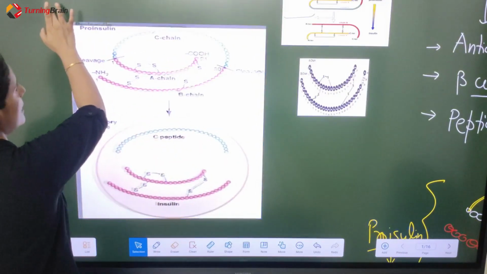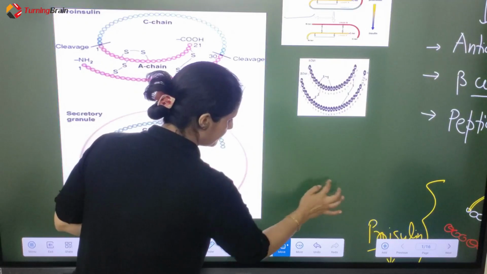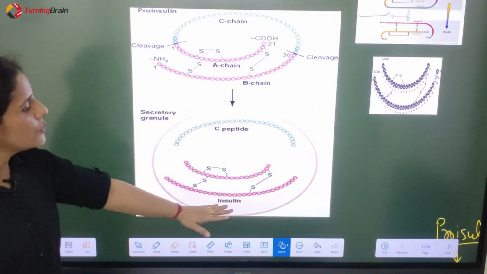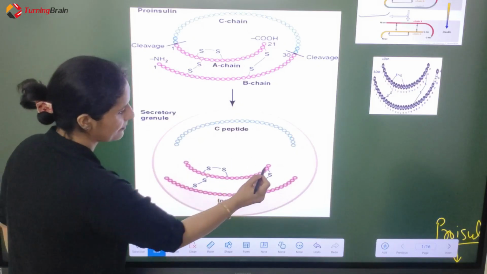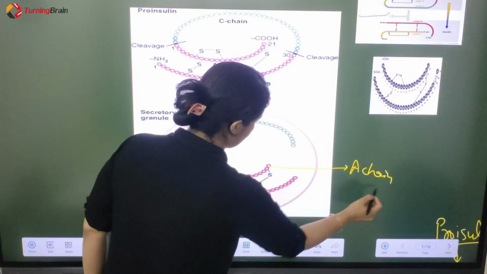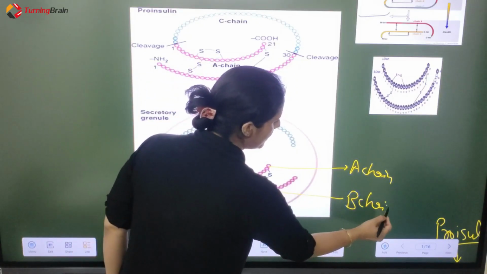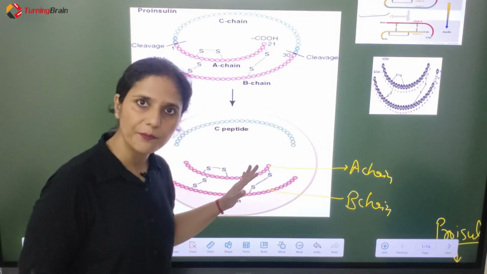See this? This is an enlarged diagram. See. This is the structure of insulin where there is A chain. This one is A chain. This one is B chain. So two chains attached with the disulfide bond make a structure known as insulin.